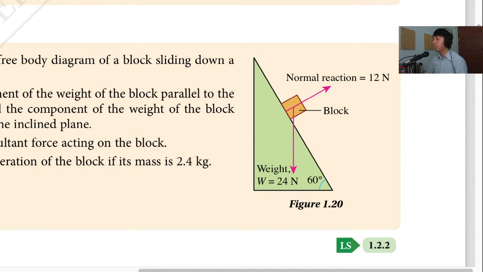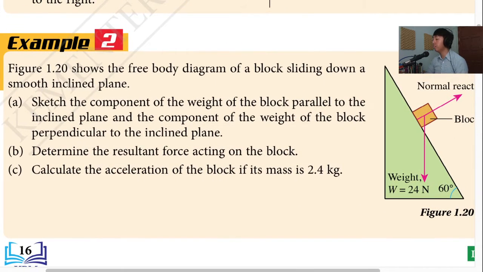The block has a weight going down of 24 newtons, there is an angle of 60 degrees, and there is a normal reaction of 12 newtons going in that direction. The question here is, sketch the component of the weight of the block parallel to the inclined plane and the component of the weight of the block perpendicular to the inclined plane.